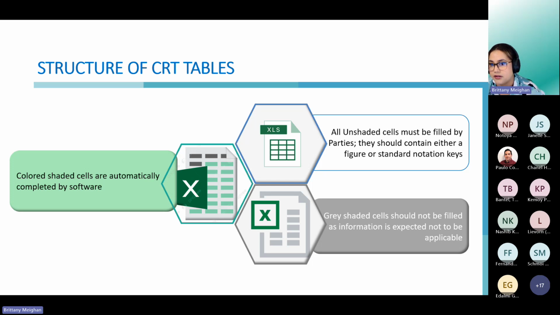So it's important to note that in these common reporting tables there are no blank cells, that they should either have a value or a notation key. But we'll be going through some of those in a few. And where the cells are shaded gray, they should not be filled in, as this information is expected to not be applicable.